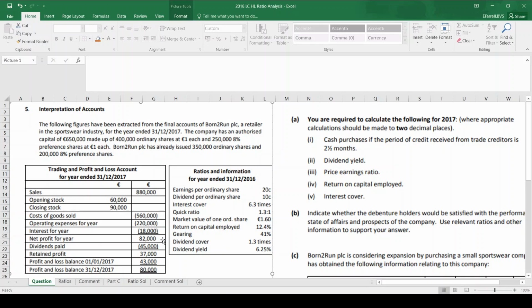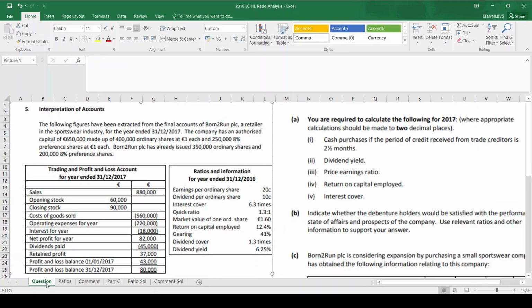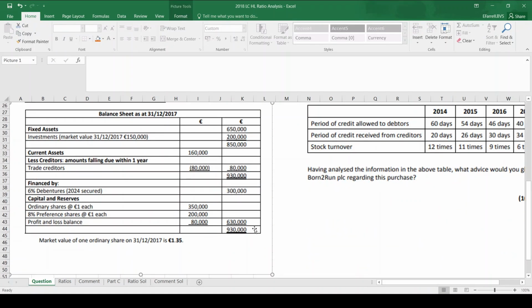So to work out my net profit before interest, it is 82 plus 18. I add back my interest. Okay, so it's 82, because that's my profit after interest. So before interest would be 82 plus 18 over capital employed, which is just the very last totaling figure in your balance sheet. So capital employed here is 930,000.